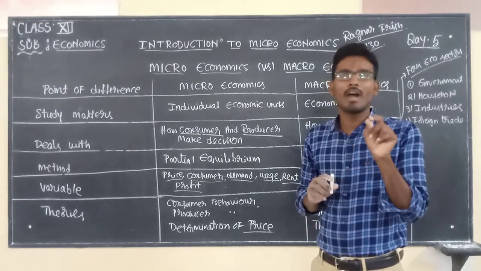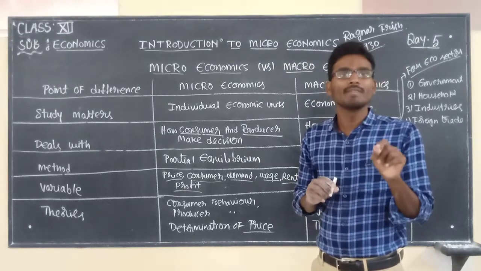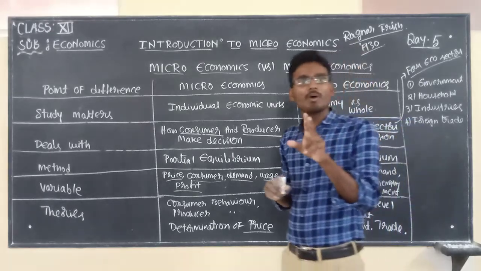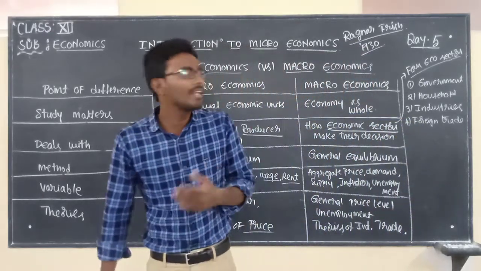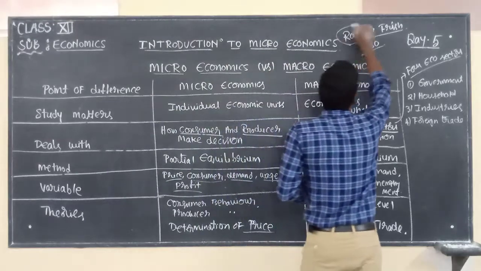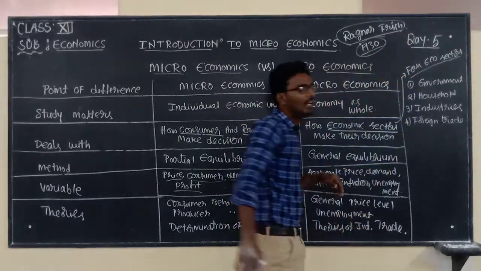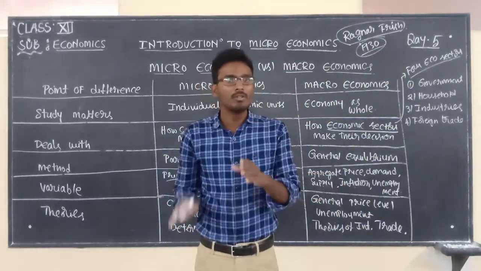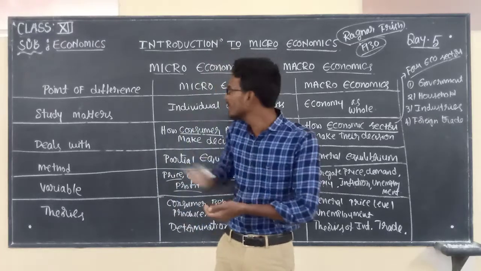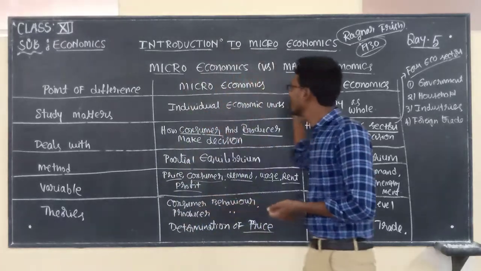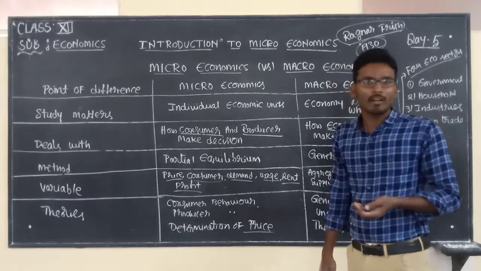One thing you have to remember: the economist who classified economics into two branches is none other than Ragnar Frisch. In the year 1930, he classified economics into two parts from the subject point of view. One is microeconomics, the second one is macroeconomics.